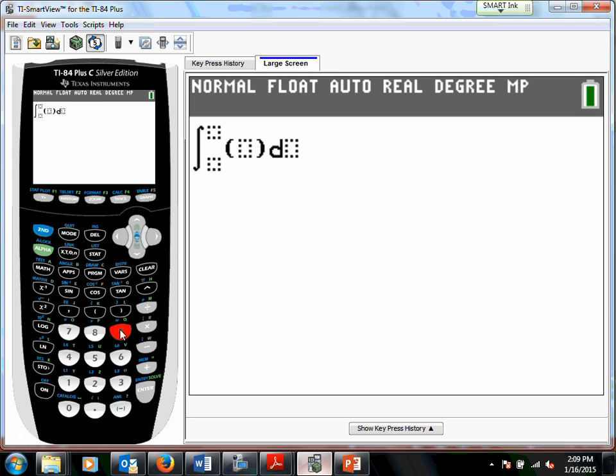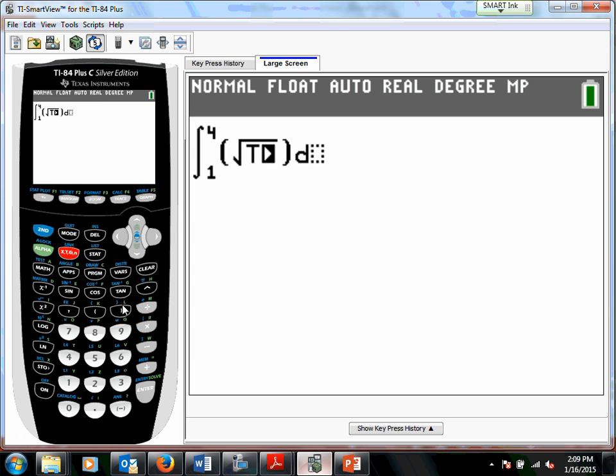So, how many of you have 83s? Alright, hang tight. Those of you with 84s, what was our integral? We had the integral from 1 to 4. In here, you're going to write 3 square root of x.